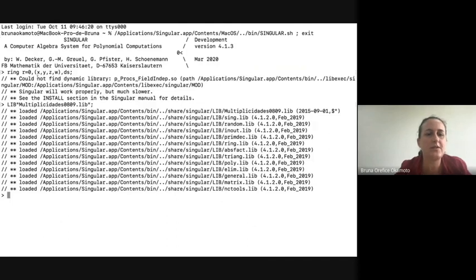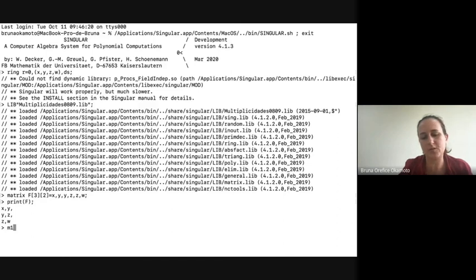I defined the ring before, then I put the matrix. I'll call it F, 3 by 2, equal to X, Y, Y, Z, and Z, W. We have the matrix.